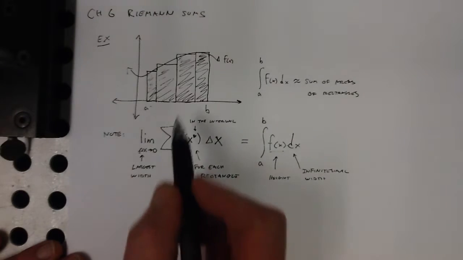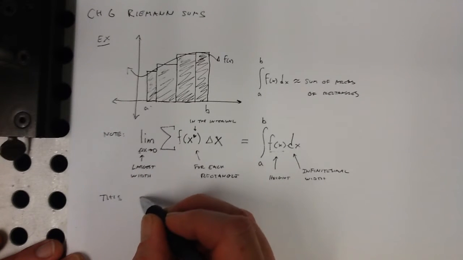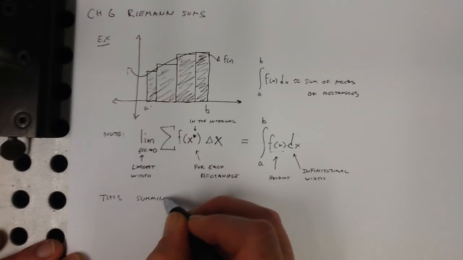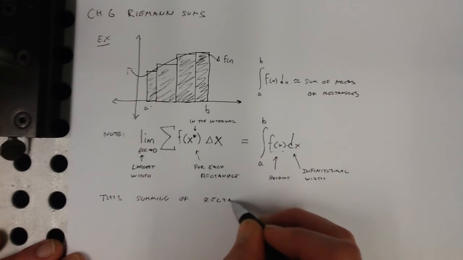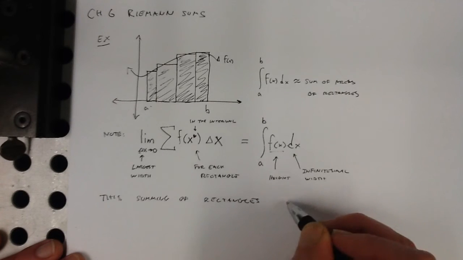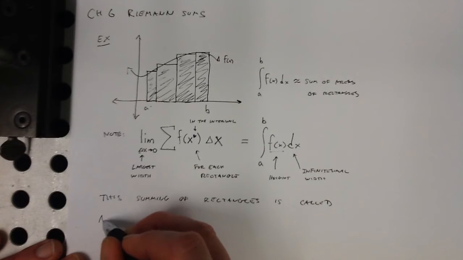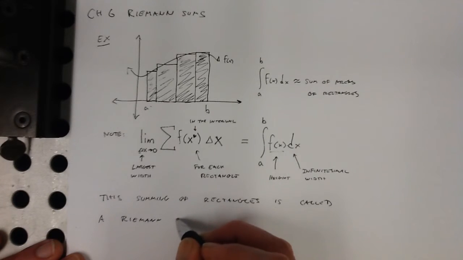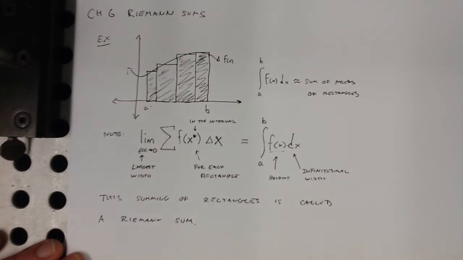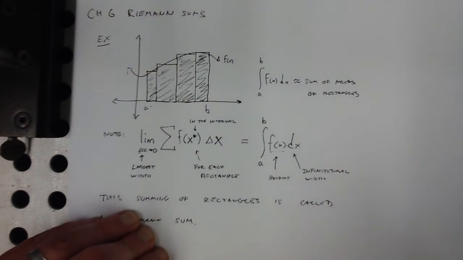This kind of summing of rectangles is called a Riemann sum. So, let me show you what we're actually going to be doing here.